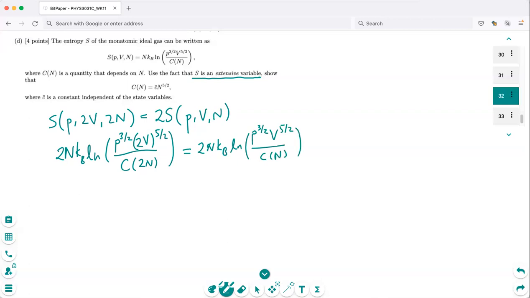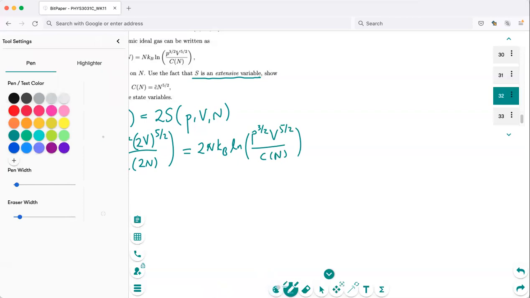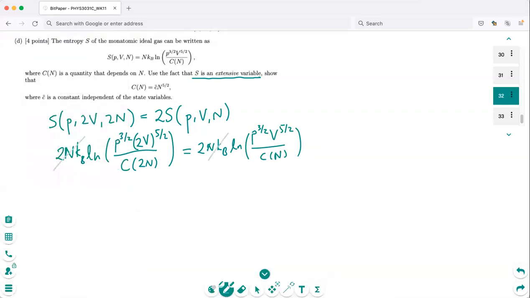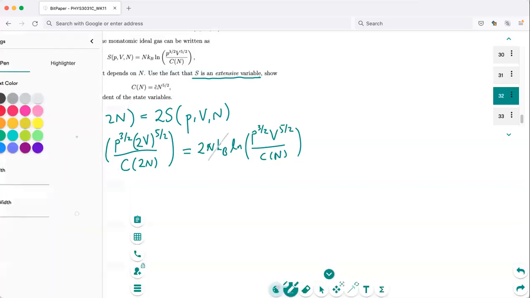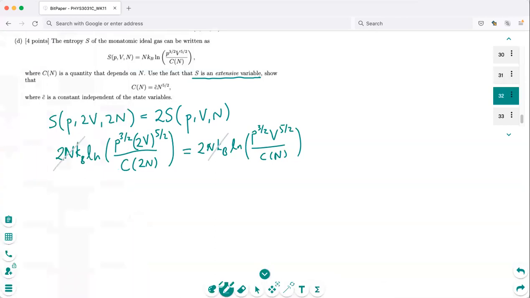And you realize you have a lot of nice cancellation. This 2nkB is gone, and everything here you have P to the 3/2, this one will be gone. What remains is, you have this log of, now this V will also cancel this one, so what remains is this.